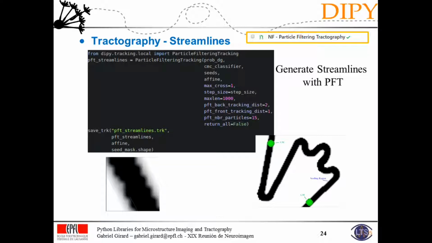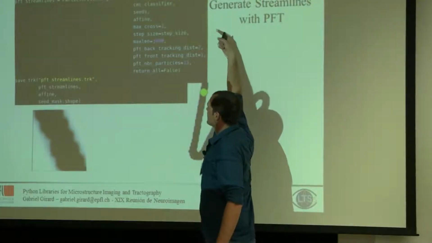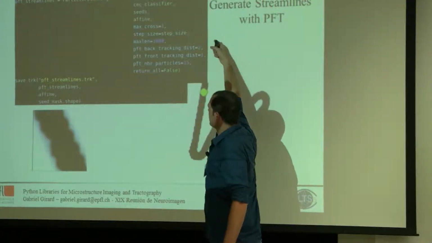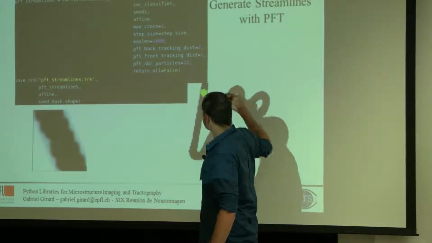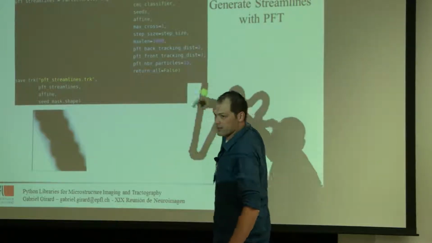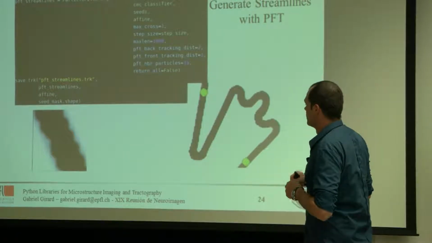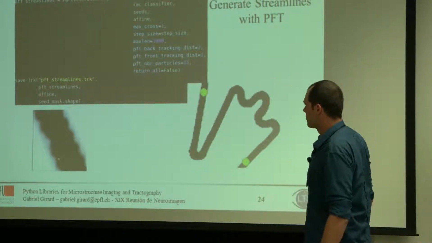So if you want to do the particle filtering tractography that I showed yesterday, to recover more streamlines, you can call particle filtering tractography instead of the local tracking function. It's very much the same. The way you pick the direction, the mask, the seeds for tractography, and a few other parameters, for instance, the number of particles you use, the number of samples, the distance you backtrack, the distance you go further than the distance you stop.